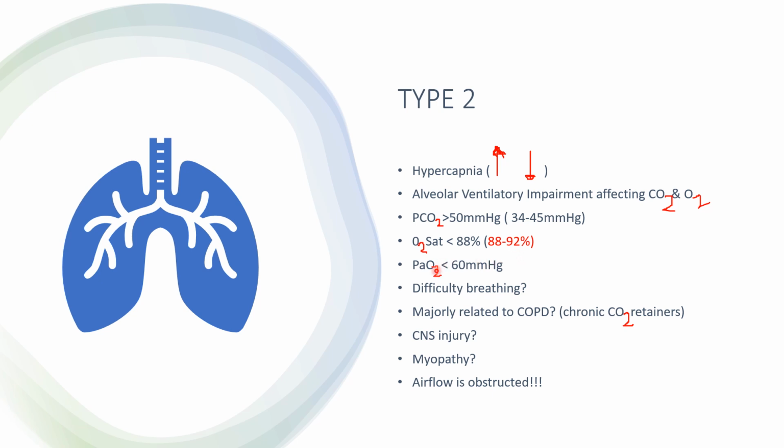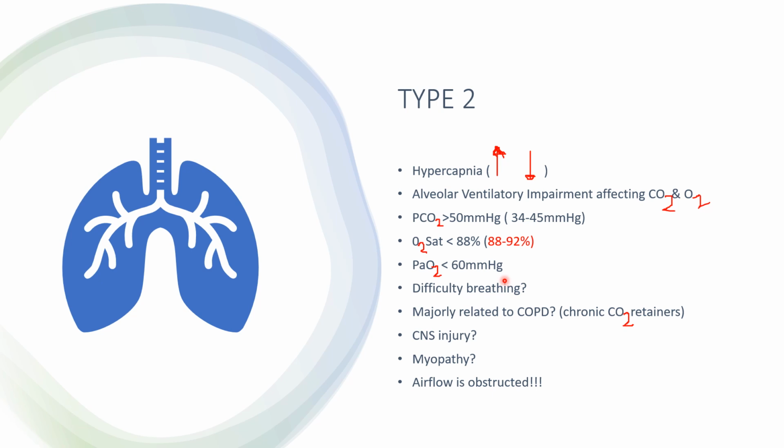And like I said, the partial pressure of oxygen will drop most of the time, but sometimes it could be within normal range. Remember, the normal one for a partial pressure of oxygen should be between 75 and 100. Here, you could see that it's less than 60 millimeters of mercury. That is what we are going to pick mostly in type 2 respiratory failure, but sometimes might be within the normal range.